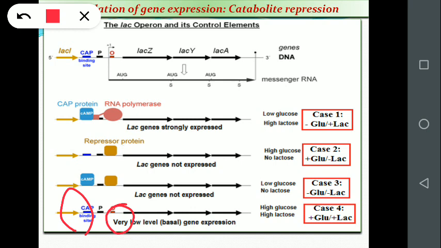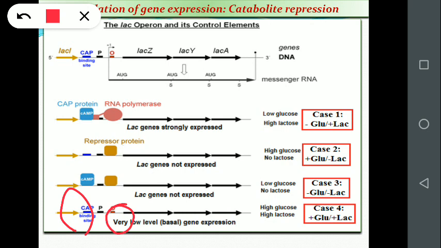So that is the role of the cap site. The cap site enhances the regulation, and if the cap site is unoccupied, no activator is there, so the expression is decreased. So very low or basal gene expression takes place, with a very small quantity of beta galactosidase, permease and transacetylase synthesis.